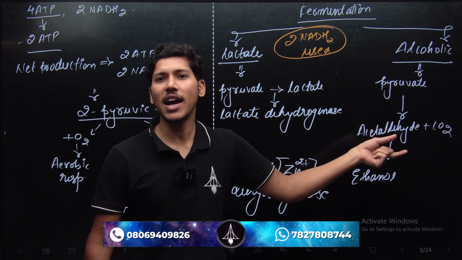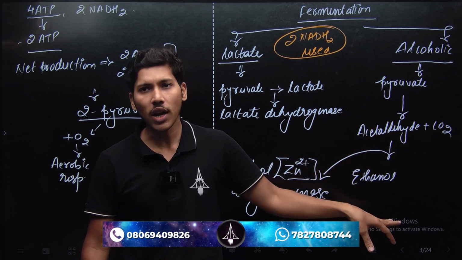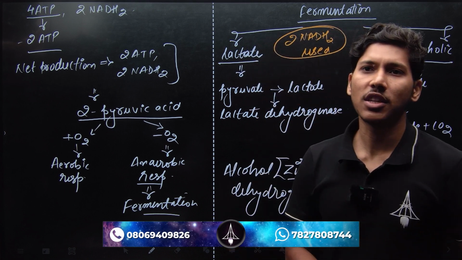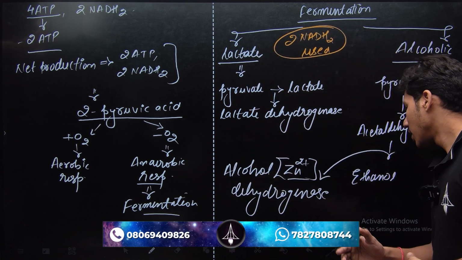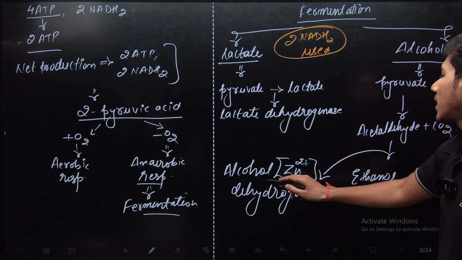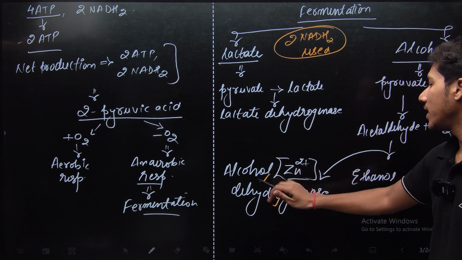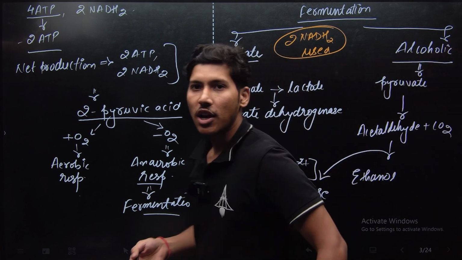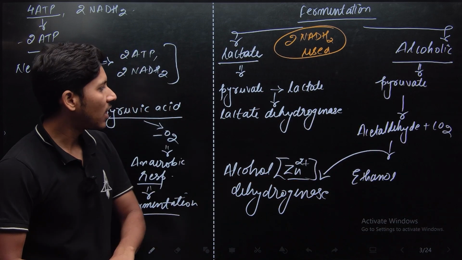Then this acetaldehyde is further reduced to produce ethanol, which is used as a beverage in many countries. This conversion is done with the help of an enzyme known as alcohol dehydrogenase, which is activated by zinc dipositive ions.